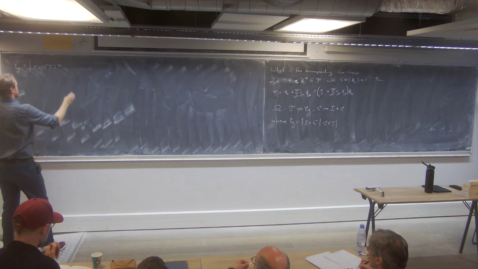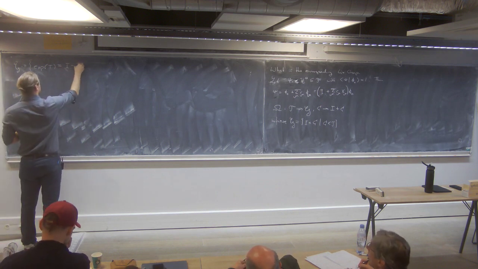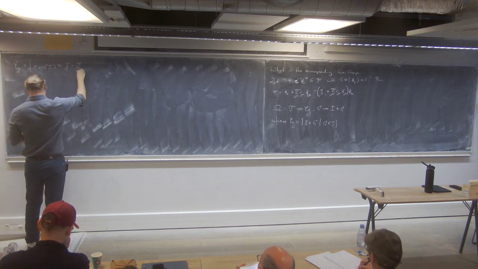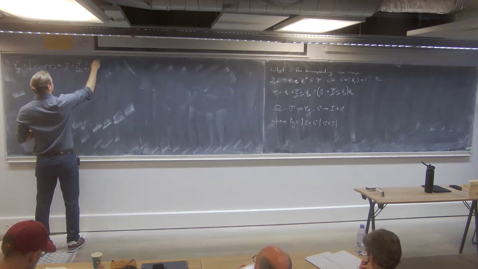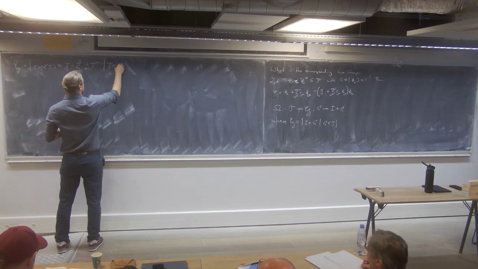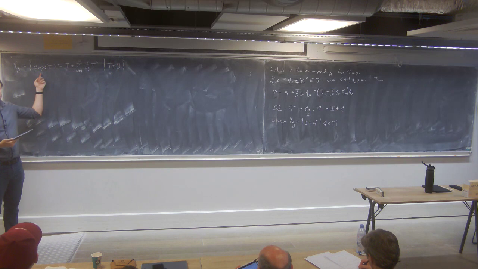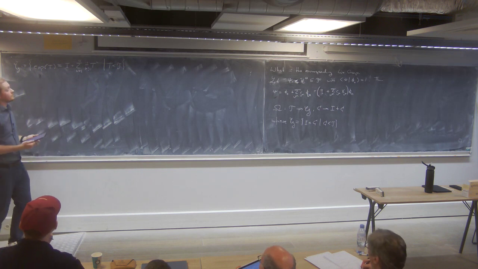Since we know that the t's are nilpotent, we know this series truncates. So in particular, it's well defined. We don't have to care about series convergence of this matrix exponential.